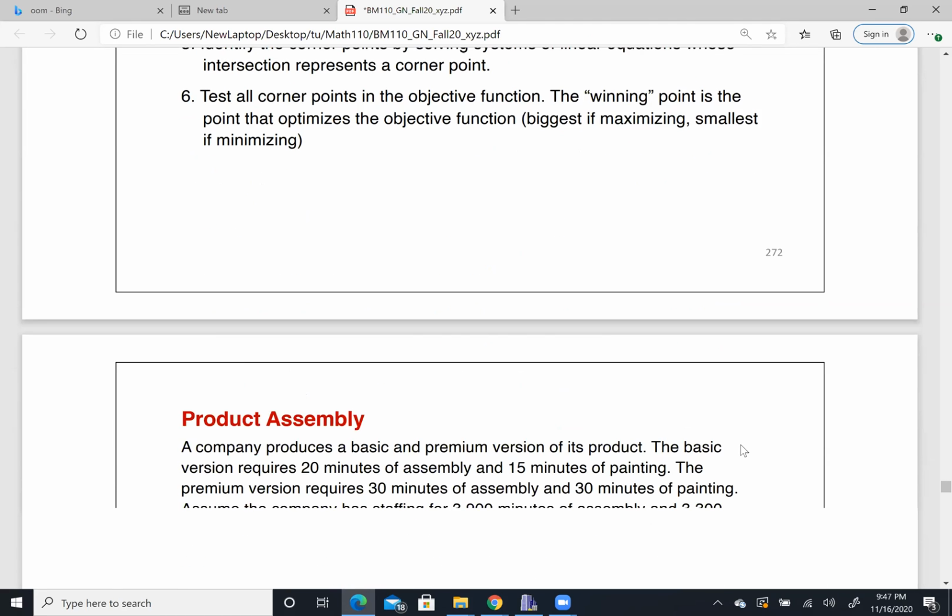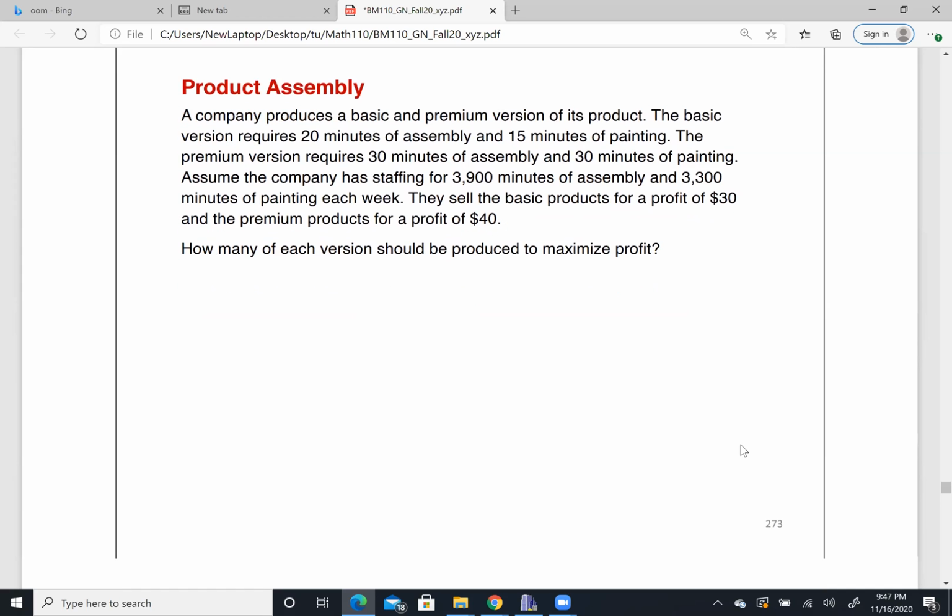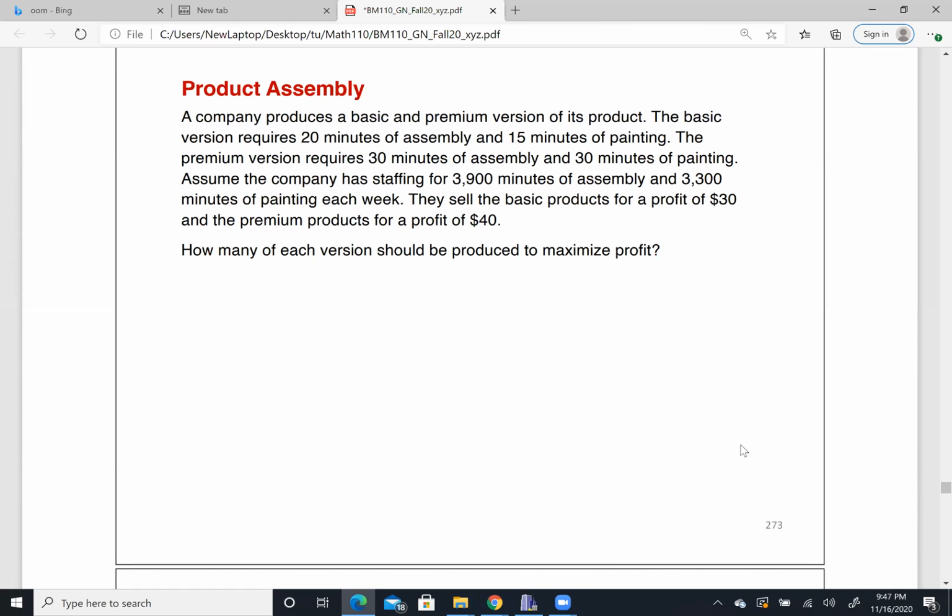Okay, let's do an example here. Example with product assembly. A company produces a basic and premium version of its product. The basic version requires 20 minutes of assembly and 15 minutes of painting. The premium version requires 30 minutes of assembly and 30 minutes of painting.